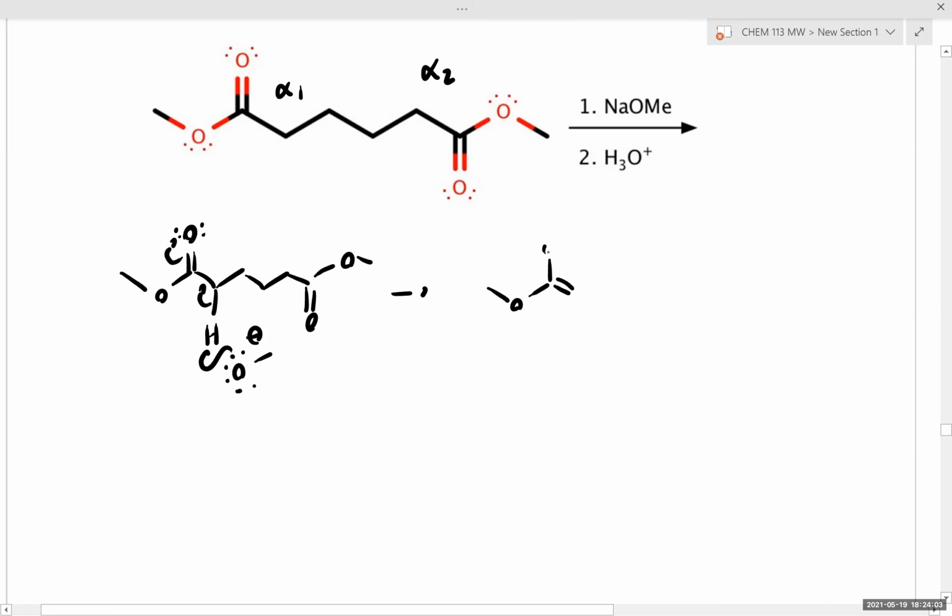Okay, so from here, what happens next? Would anyone like to try to continue on this mechanism from where we left off by annotating onto the class whiteboard? Or would anyone like to try and share their thoughts in the chat?